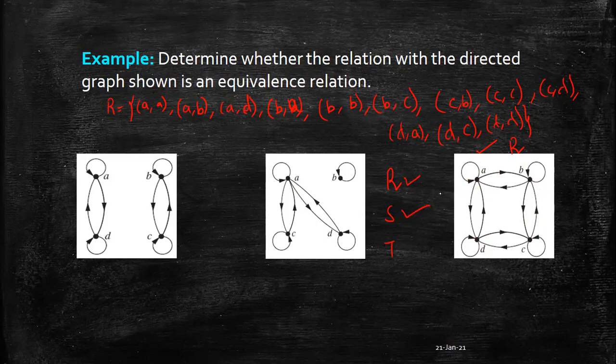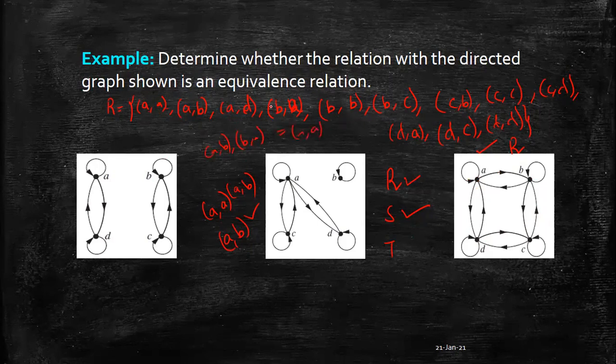Now what about the transitive property? If we have AB and BA, so I am considering AA. Let's take the first two pairs, AA and AB, then I need to have AB, that is there, and then again AA and AD, again AD will be there. AB and BA will give AA.